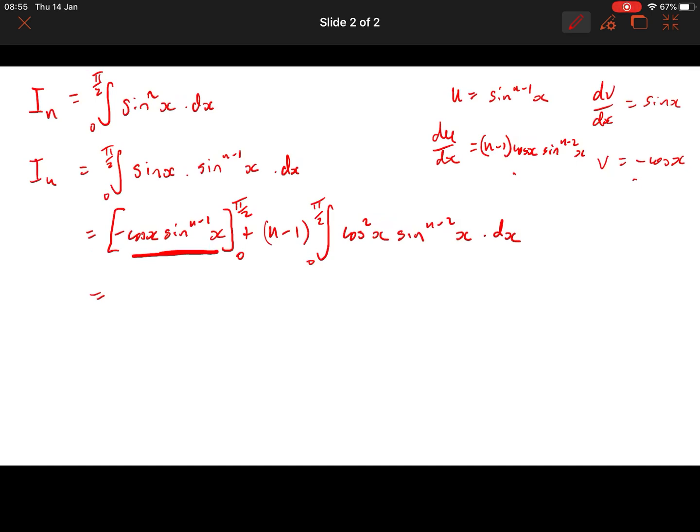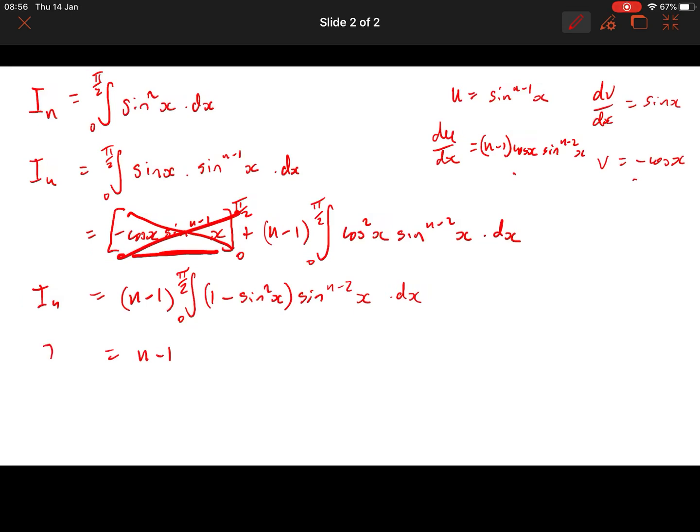So whatever way you cut it up, you're going to get nothing, and that just disappears. So now I'm left with n minus 1 times the integral between pi over 2 and 0. This is important. I'm going to change that cos squared to 1 minus sine squared x, times sine to the n minus 2 x with respect to x.